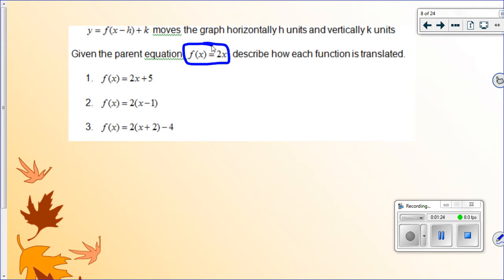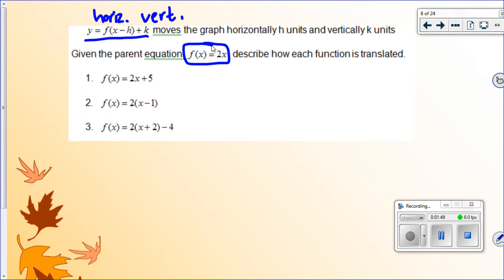So using that equation that we just came up with, remember k is going to be our vertical translation, and h is going to be our horizontal translation, right? So k is vertical, h is horizontal.